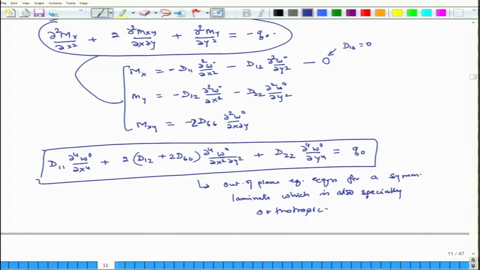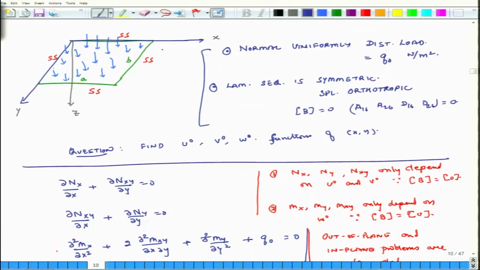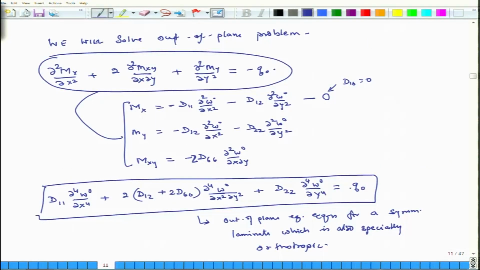But now we will try to solve it in context of the boundary conditions which we discussed, which is that the plate is simply supported on all 4 edges, and also that q is not a variable, but a constant. So, our next goal is to solve this equation. This is a 4th order differential equation in a single variable W naught, and the way we solve it is by making a guess.